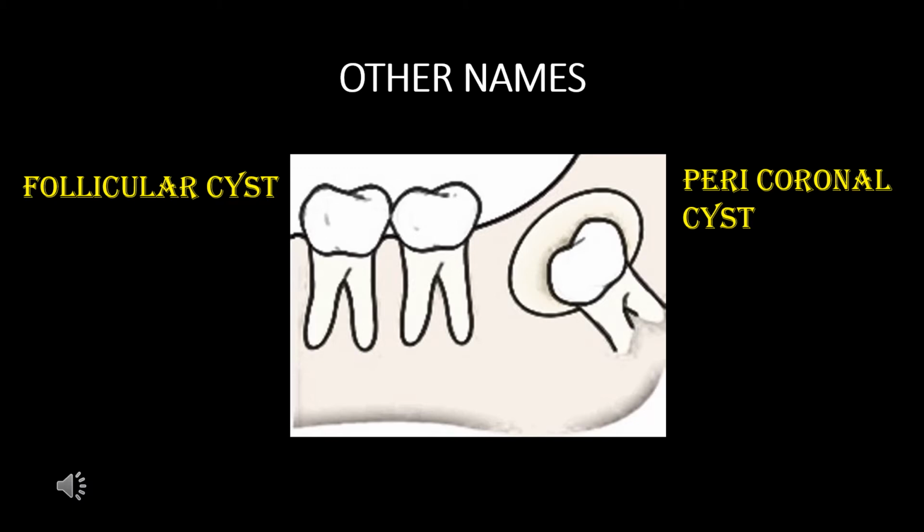So in the exam, the dentigerous cyst can be asked as follicular or pericoronal. Likewise, in viva, the examiner might ask you, tell me the clinical features of follicular cyst.